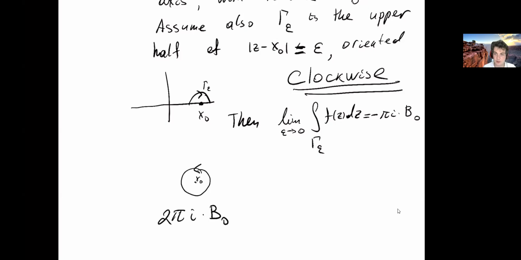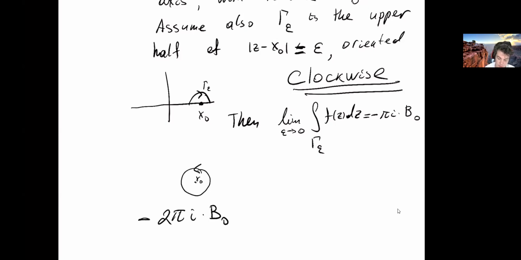Now we orient the circle clockwise, and this is the minus. So the only other thing that disappeared is the 2. Why did it disappear? Because we only have half of the circle, which means that we have half of the answer.